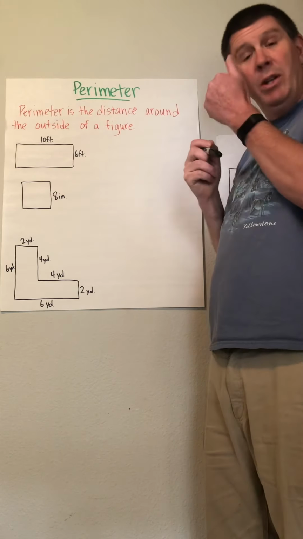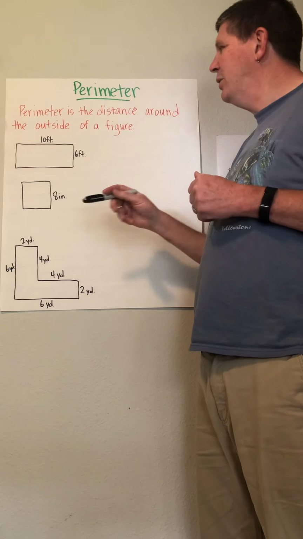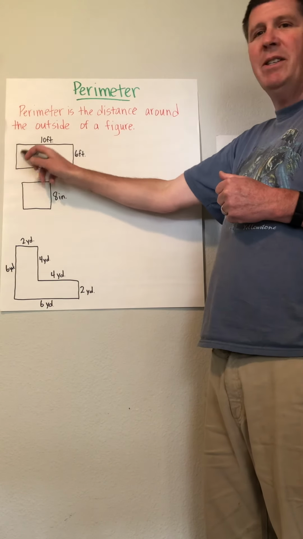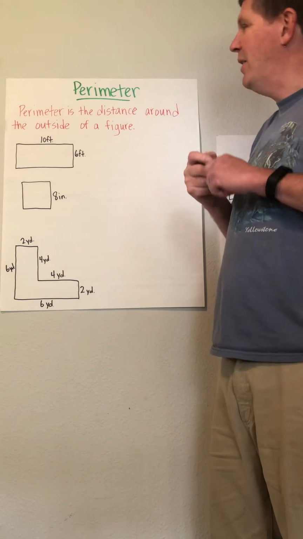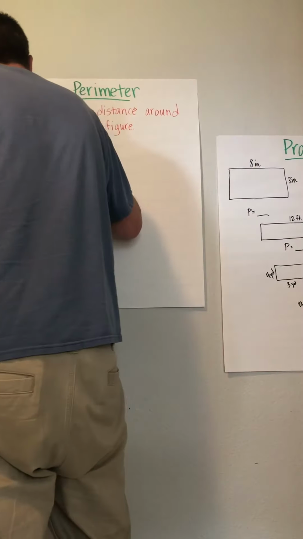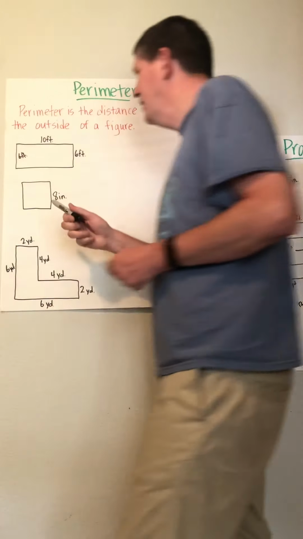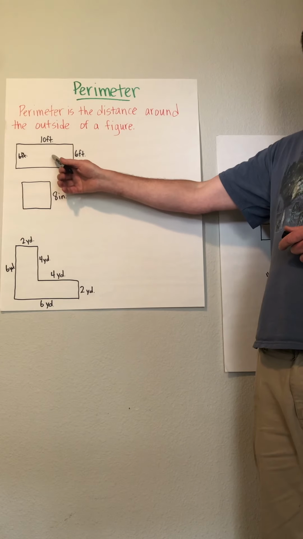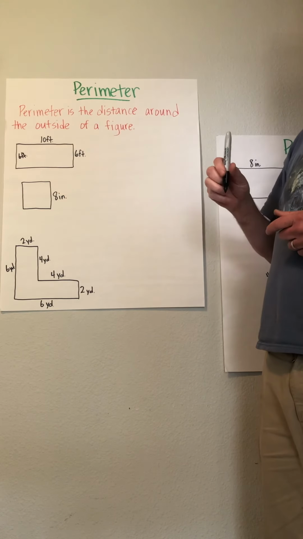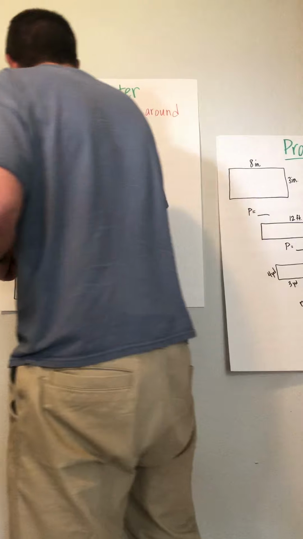Now, based on what you know about rectangles, how long is this side? Kimani? Yes, that's right. This side is 6 feet. How about this side? How long is this side? Yael? Yes, you're right. 10 feet.